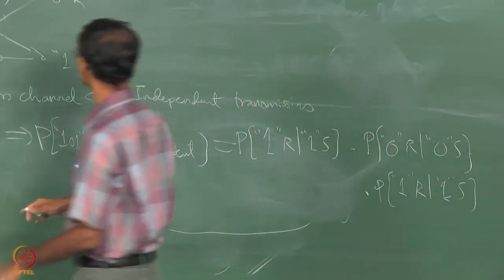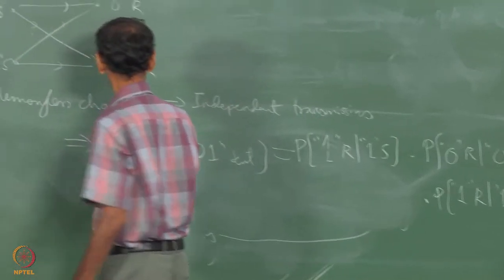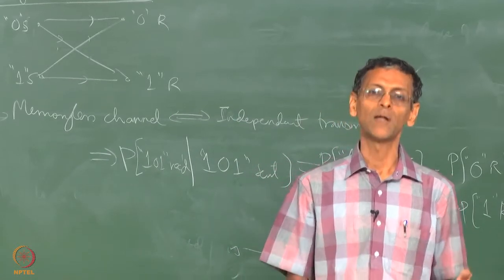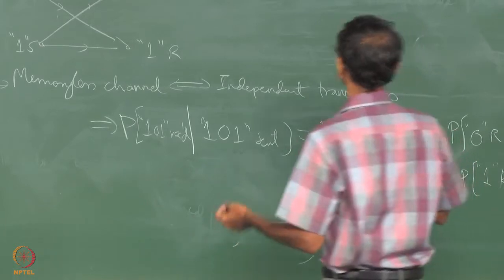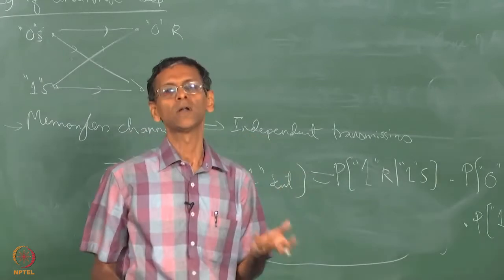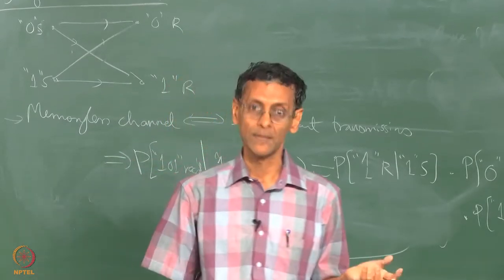But if you looked at the overall probability of getting 101, that will not be equal, in general, to the probability of receiving 1 multiplied by the probability of receiving 0 multiplied by the probability of receiving 1 again, because that would depend on the prior probability that you would attach to the sequence 101.